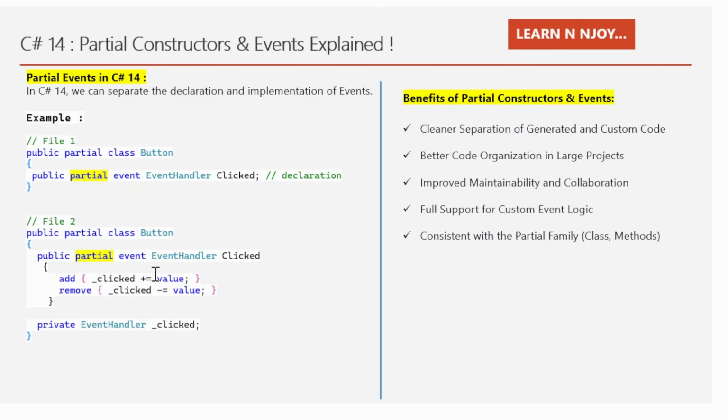It is saying what to do when someone adds a listener, that means the plus equal, and what to do when someone removes the listener, that is the minus equal. So basically this happens when someone is subscribing or unsubscribing, right? And here we have a private EventHandler named _clicked. This is where we are storing the actual list of event handlers in this private field.